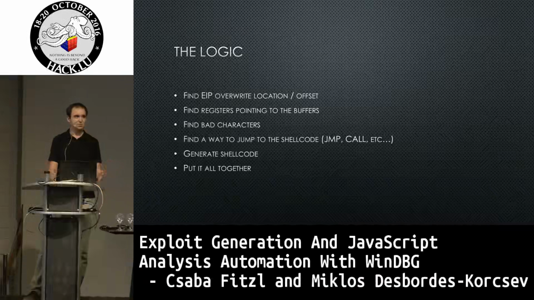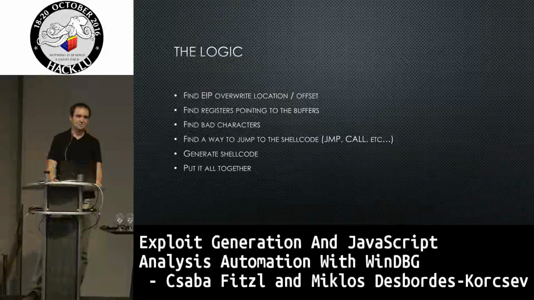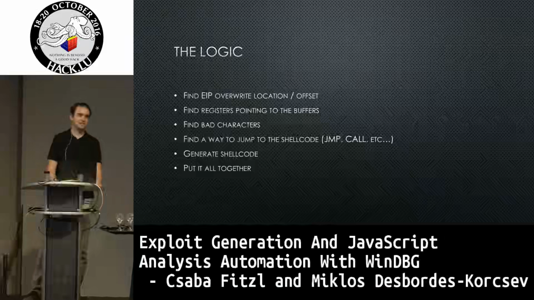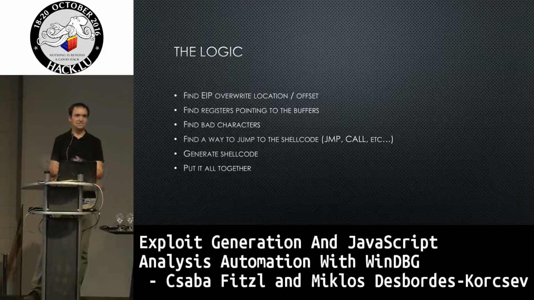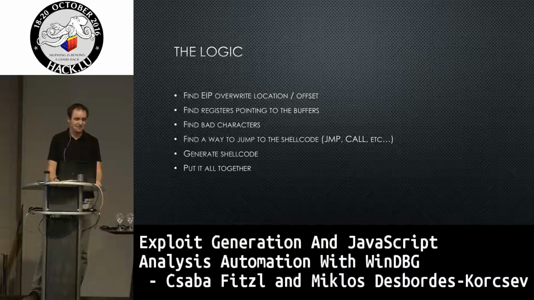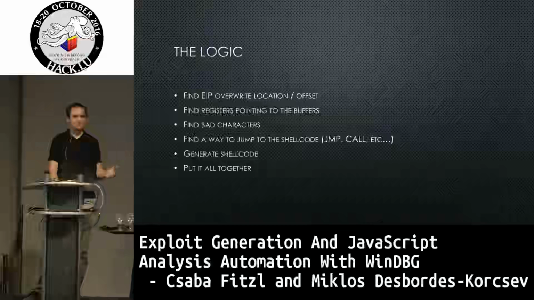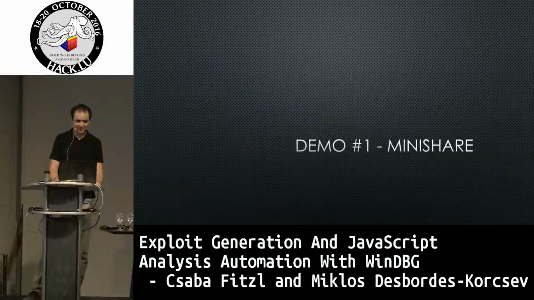And at the end, it will put everything together, and it will successfully run the exploit, and it will also save the exploit for you. So if it's file-based, it will be already saved because the file is already there. But if it's a network-based exploit, it can save it for you, so you can use the exploit later on.